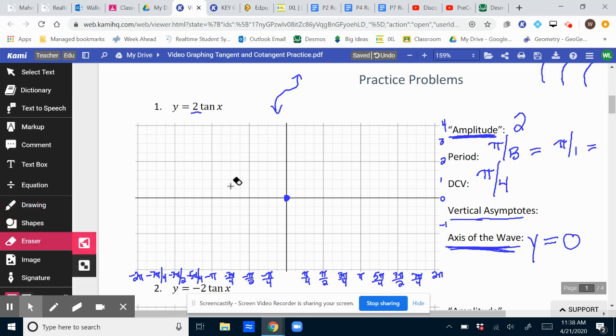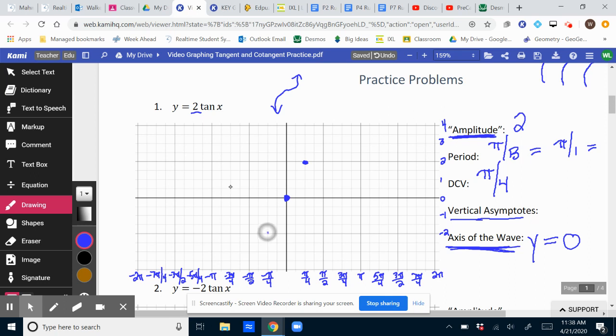But therefore, since it has to be positive, to the right I go up, and the amplitude A is 2. So to the right, next dCV over, I got to go up 2. To the left, down 2. Okay, and the next thing is your next dCV to the right in both directions is an asymptote. Okay, so what we're creating here is like our first section of our graph.